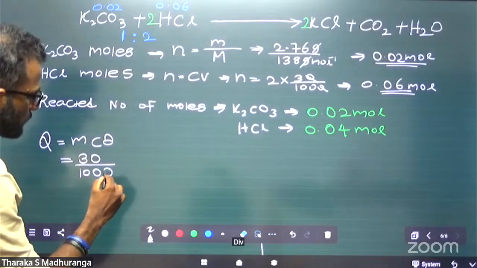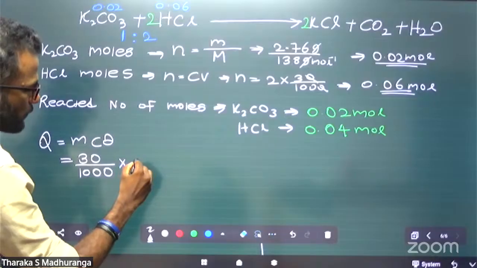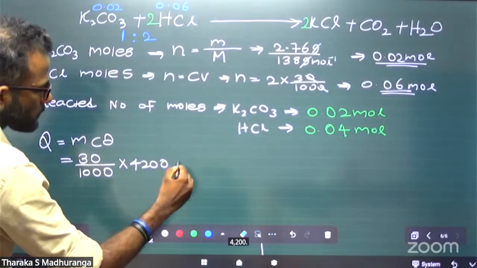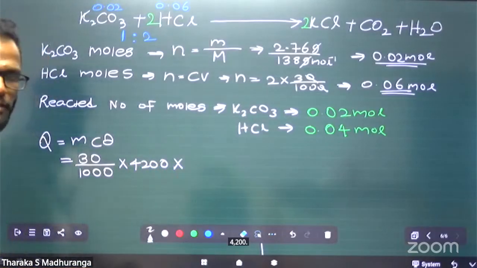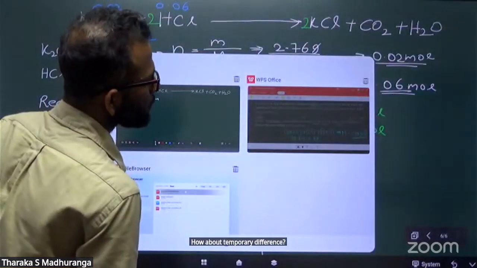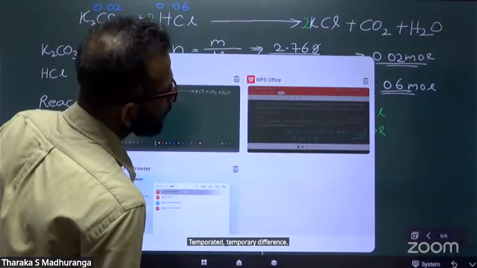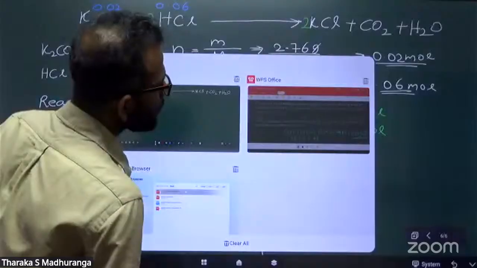Divide by 1000, 4200. How about the temperature difference? 5.1.